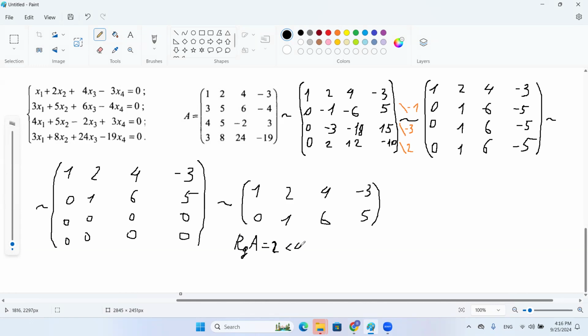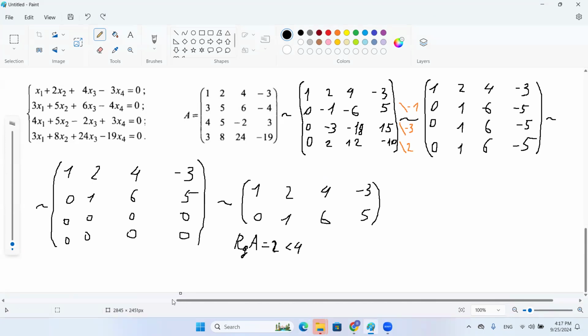So it's 4. And it means that we have non-trivial solutions. This minor is definitely not 0, so the rank is 2. And it means that we have non-trivial solutions. And now let's write them.